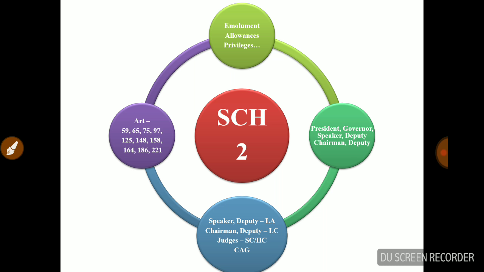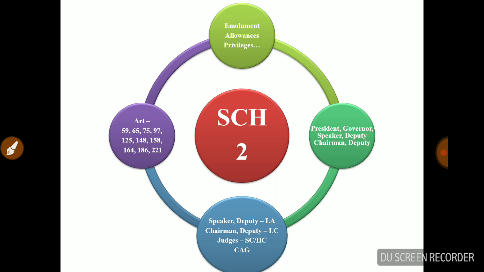Bicameralism: two house bodies in the Centre or the Parliament, and also in some states. If you consider Kerala, we don't have a Legislative Council but only a Legislative Assembly. So MLAs, members of the Legislative Assembly, are there in Kerala. MLCs, members of the Legislative Council, are not there in Kerala. Why? Because there is no Legislative Council body.